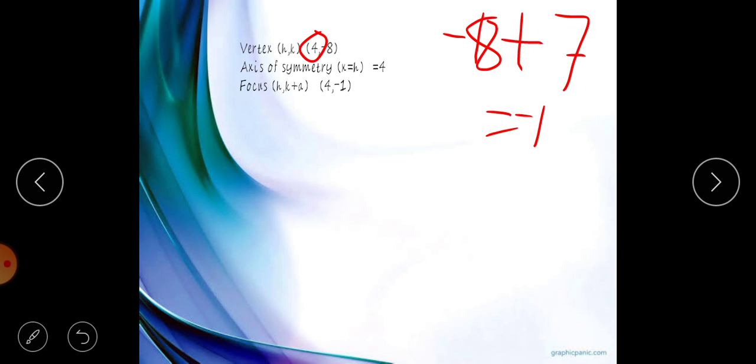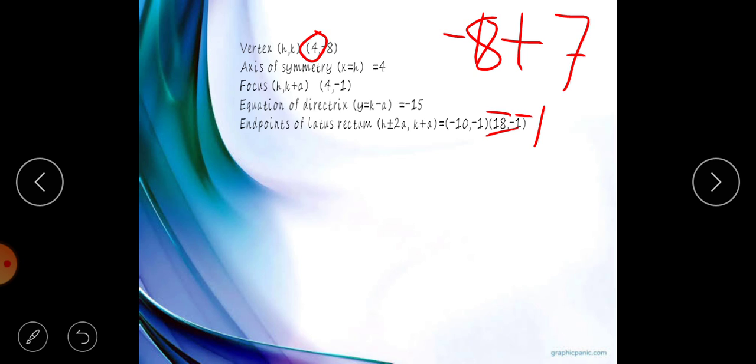That's why our focus is (4, negative 1). The equation of the directrix is y is equal to k minus a, which is equal to negative 15. And our endpoints of the latus rectum are (h plus or minus 2a, k plus a), so our endpoints of the latus rectum are (negative 10, negative 1) and (18, negative 1).